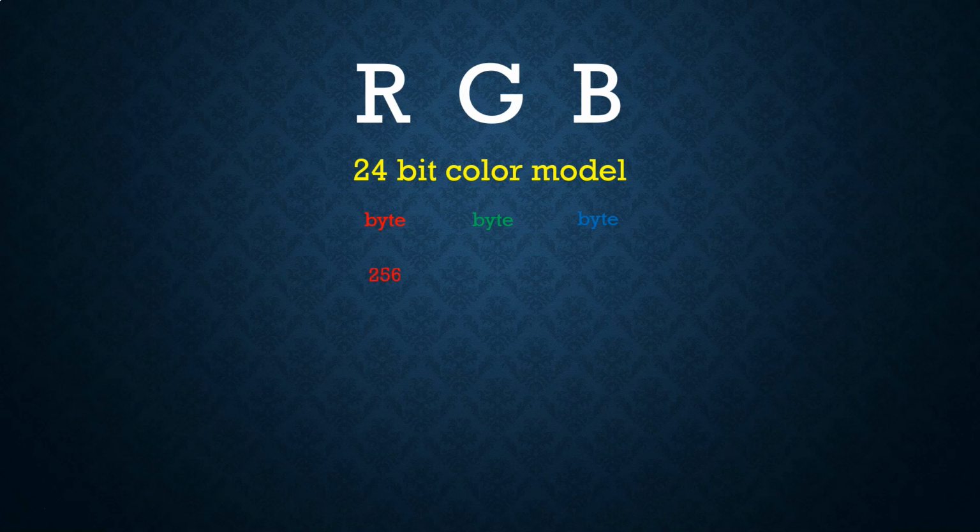That is 256 possible values from 0 to 255 for red, 256 for green, and 256 for blue. Multiply all this, which is 256 to the power of 3, and we actually get 16,777,216 possible colors.